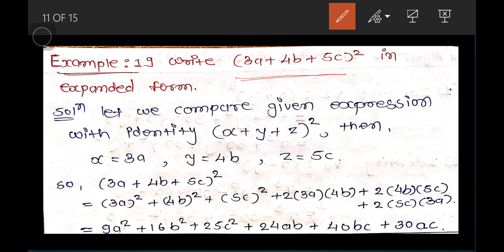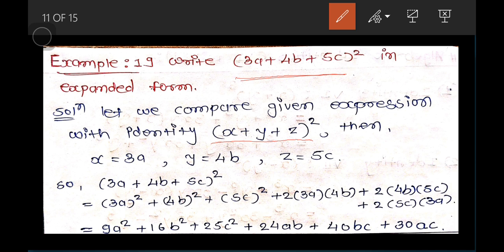Here you can see that the given polynomial is similar to identity number 5, that is x plus y plus z all square. So we can expand this expression with the help of that identity. The solution of the given example: let us compare the given expression with the identity x plus y plus z all square.